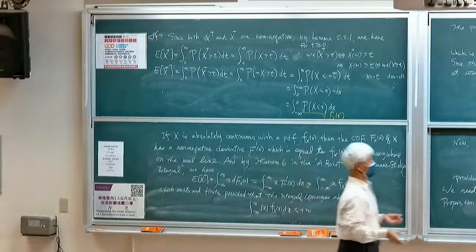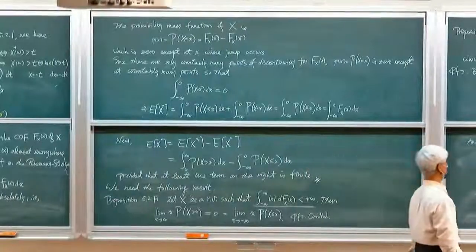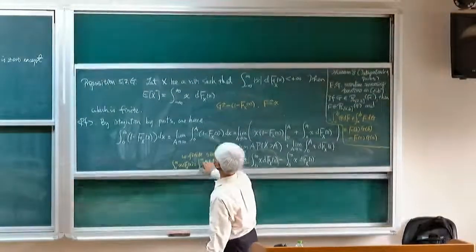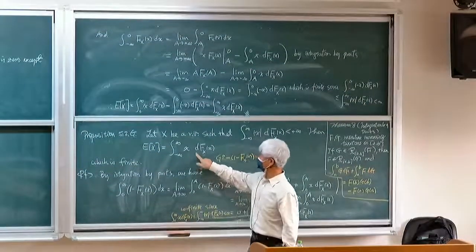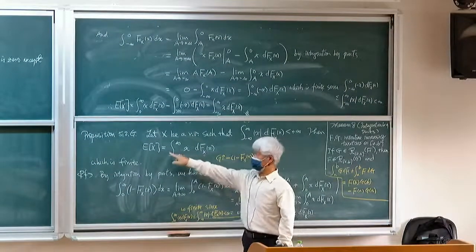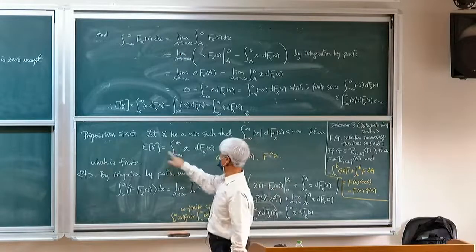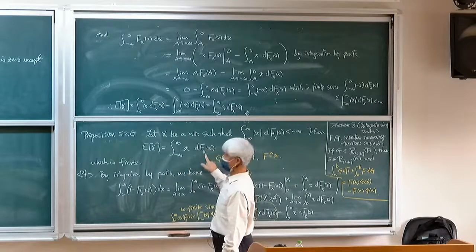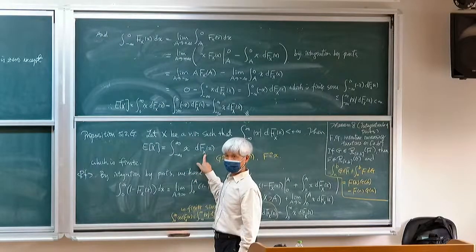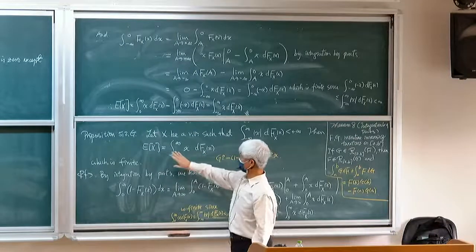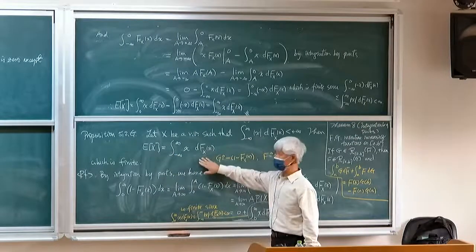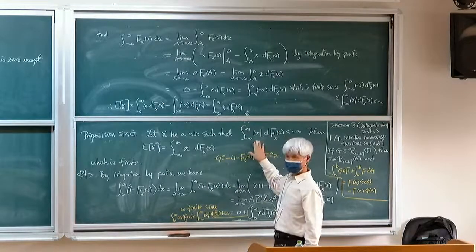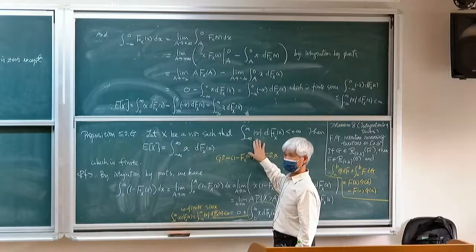First of all, we can reduce to a version using the CDF, so that we express the expectation of a generic random variable as a Riemann-Stieltjes integral, where the integrator is the CDF of the random variable. This expectation is finite when this Riemann-Stieltjes integral is finite.